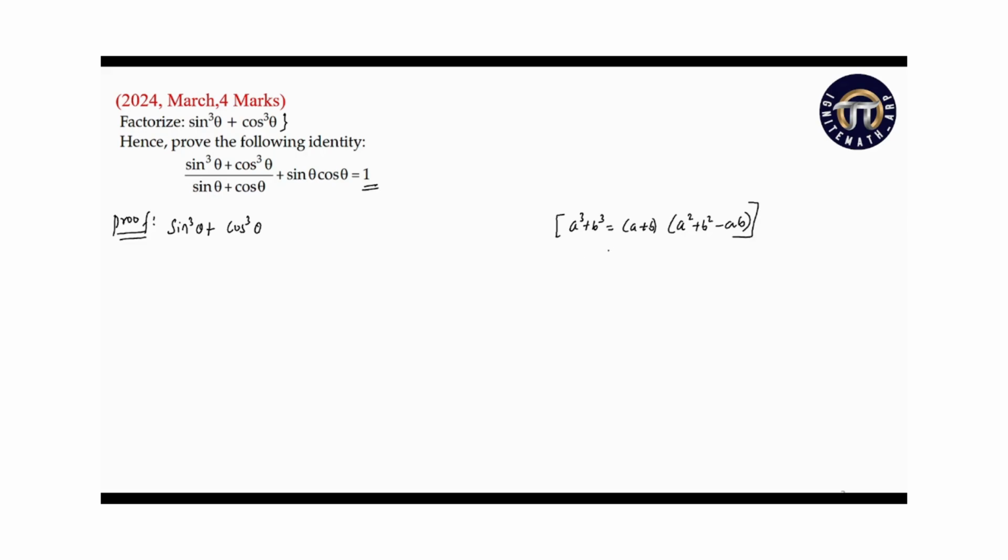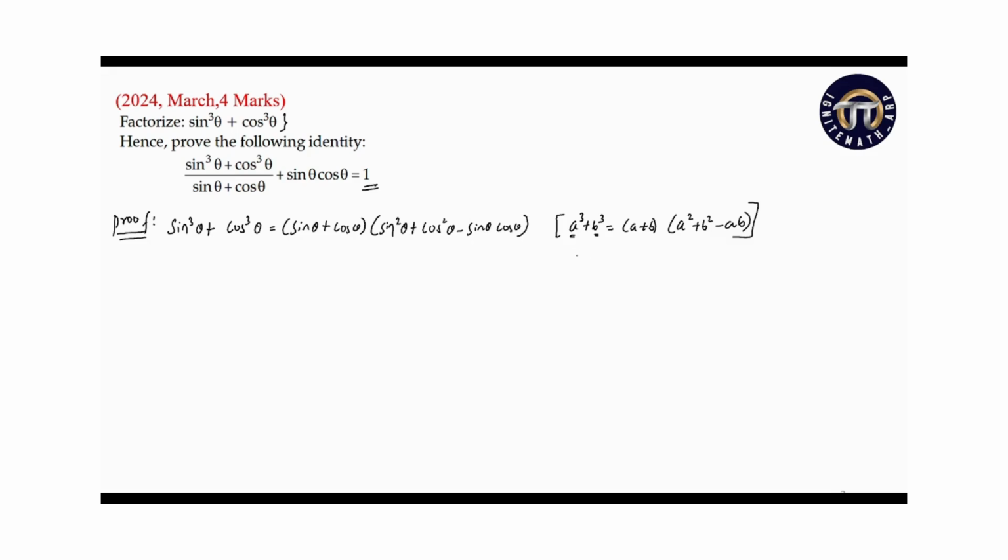This identity I am going to use over here. Sin acts like a in this identity and cos acts like b. So I can write sin cube theta plus cos cube theta as sin theta plus cos theta, then sin square theta plus cos square theta minus sin theta cos theta.